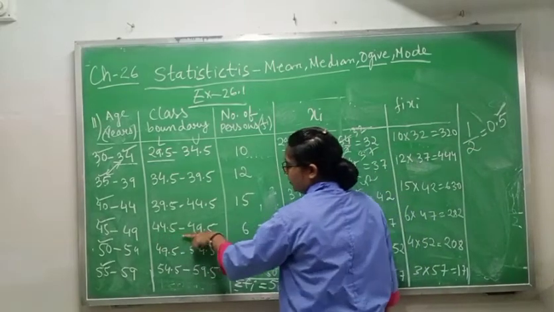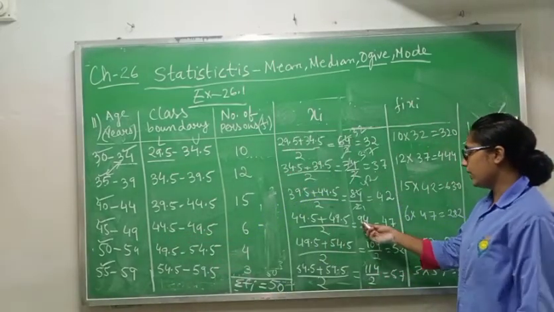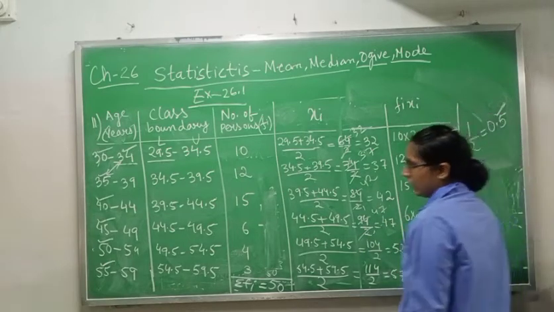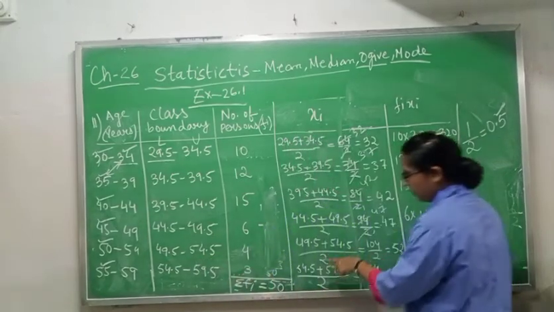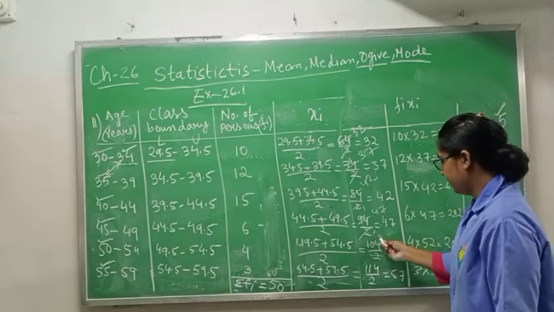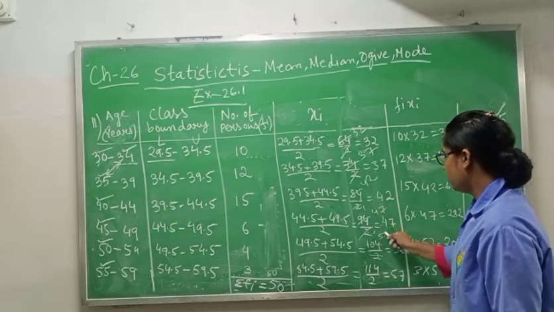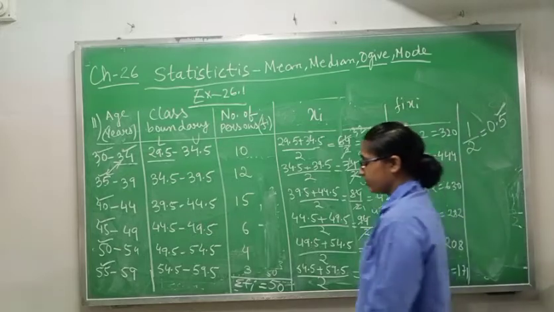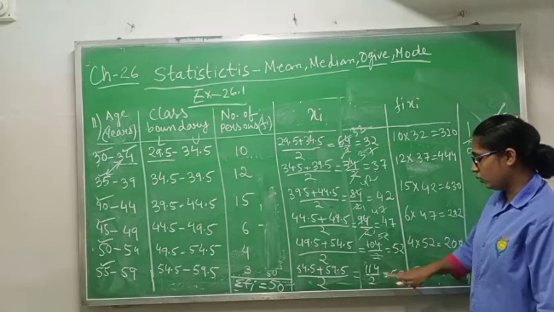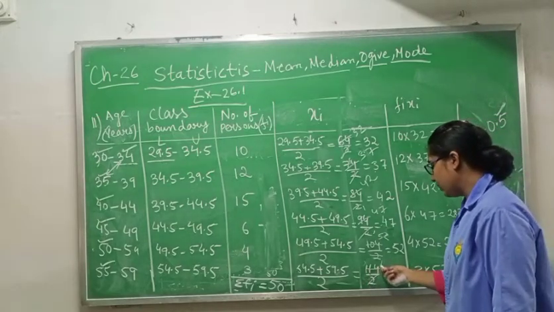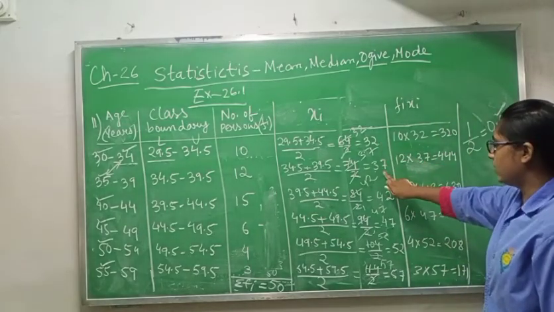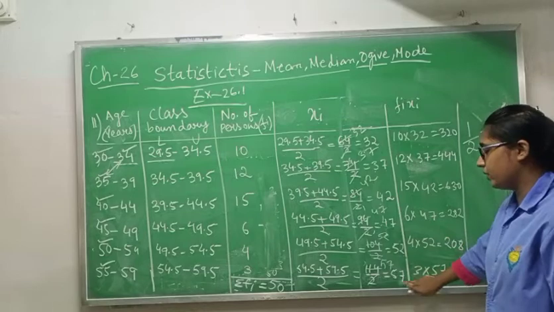Now 44.5 plus 49.5 divided by 2: 94 by 2 is 47. Again 49.5 plus 54.5 divided by 2 gives 52. Now 54.5 plus 59.5 is 114 by 2, which is 57. So xi we are getting 32, 37, 42, 47, 52, 57.